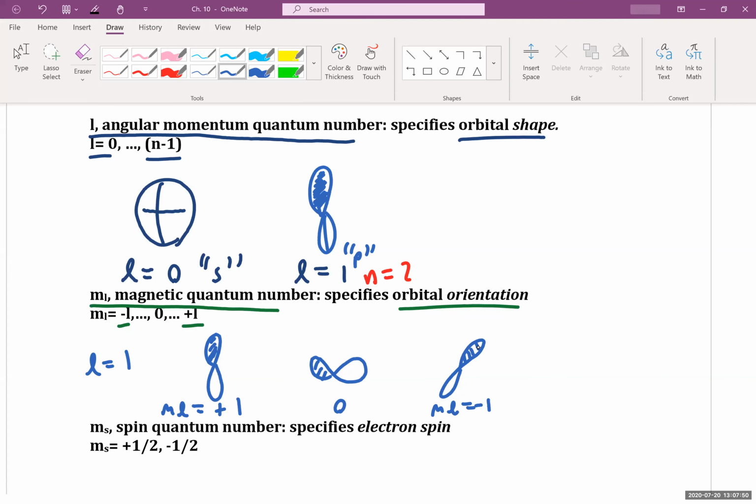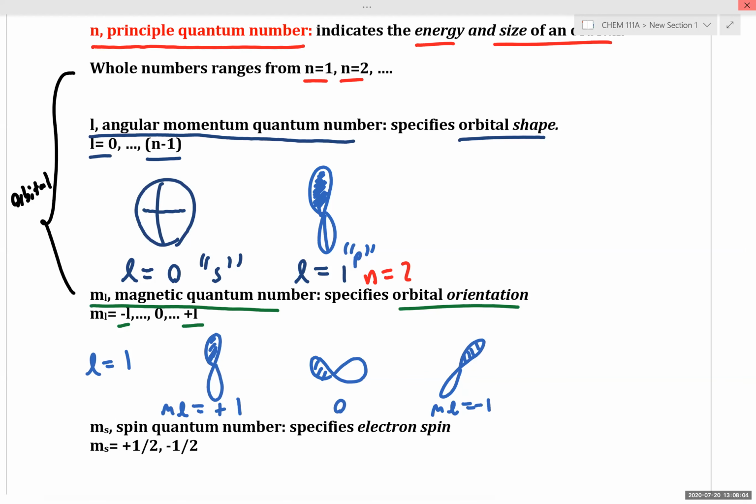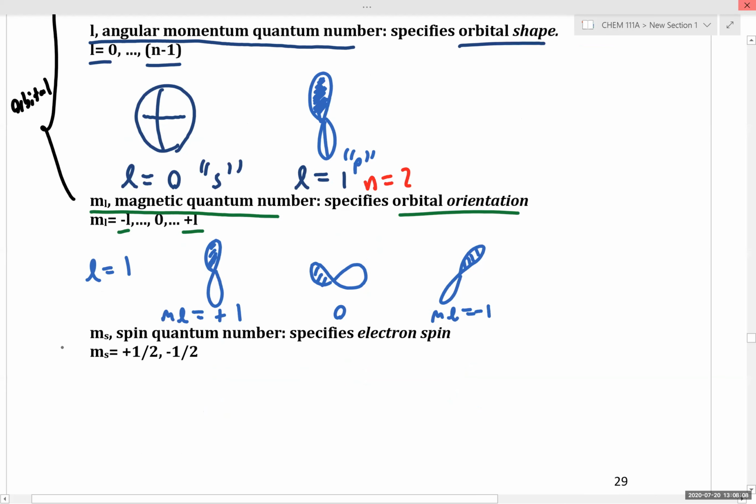Now, although this is a bit of a heuristic shortcut, I like to think of these first three quantum numbers as describing the orbital, the region of space that the electron is likely to be present in. While this last quantum number, the spin quantum number, focuses in on the specific electron that you are describing.